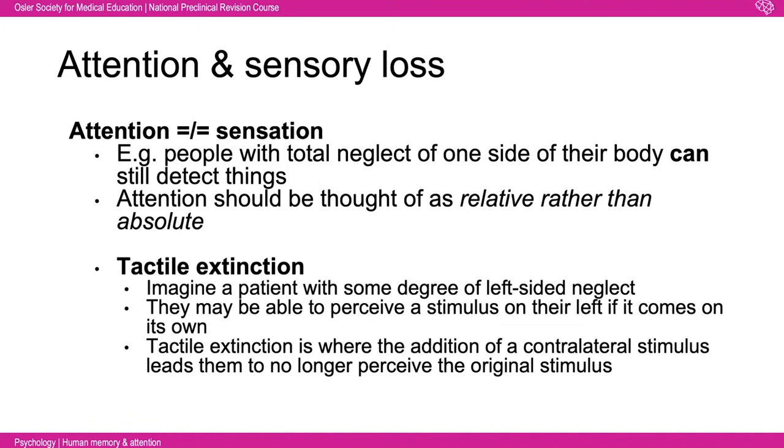So when you add that extra stimulus to my right, I can no longer really detect that stimulus on my left, despite the fact that I could before, and that's called extinction. So it's basically where the addition of a contralateral stimulus leads them to no longer perceive the original stimulus. And that's one of the classical syndromes we get where attention has been affected.